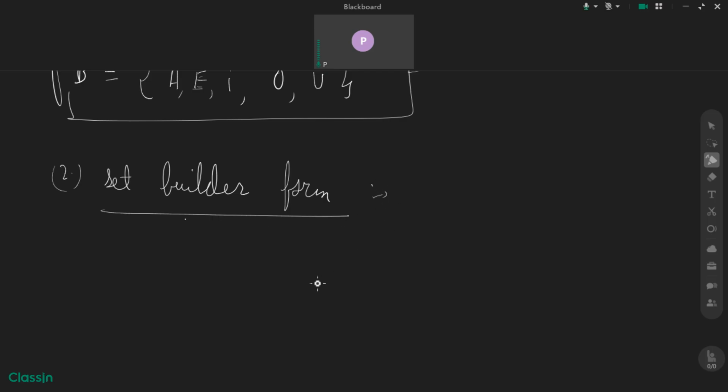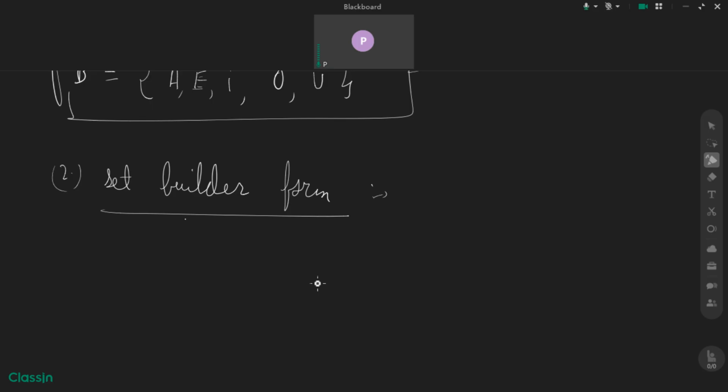In set builder form, we do not write the actual elements of the set. What we do is take a variable, and that variable represents the property possessed by all the elements of the set, and that property is not satisfied by any element outside of that set.